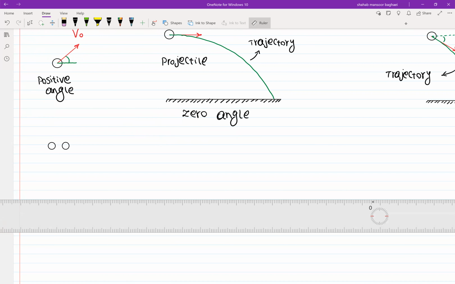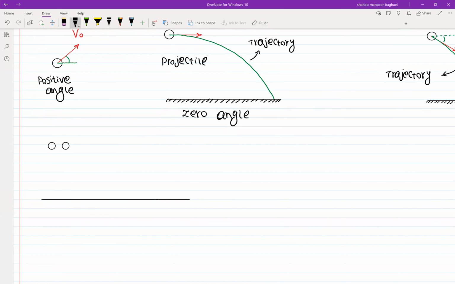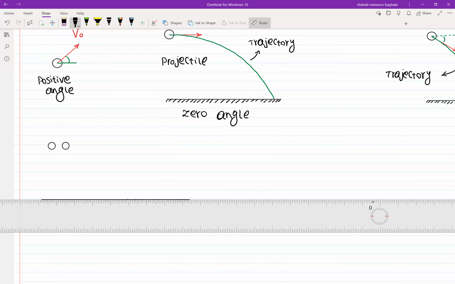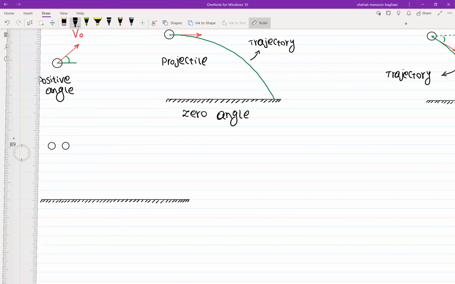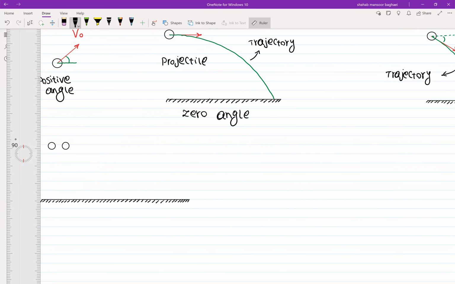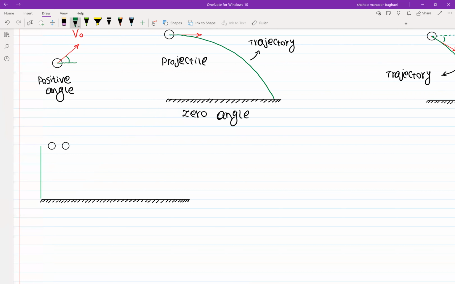At the bottom, that's the ground. From the same height. You know, here, you have the same height for both objects. H.